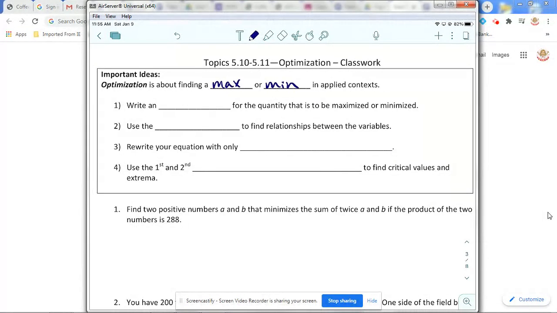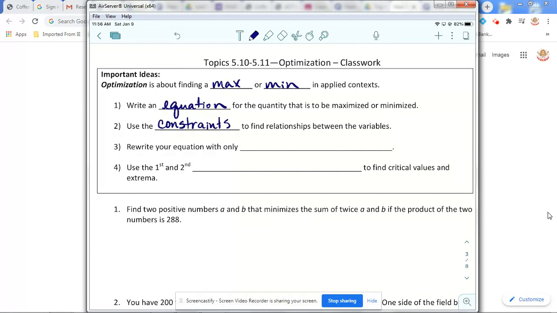So the first thing that we're going to do is write an equation for the quantity to be maximized or minimized. All right, and that's what we did like on number 4. And then we have to use the constraints to find relationships between 2 variables. And sometimes you don't have to do that.